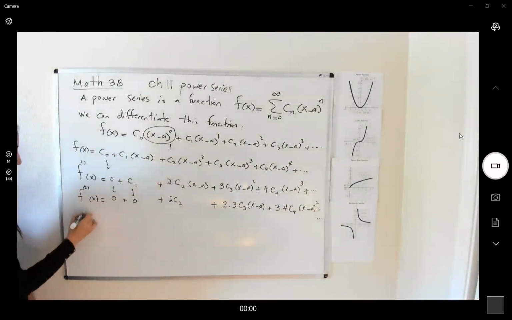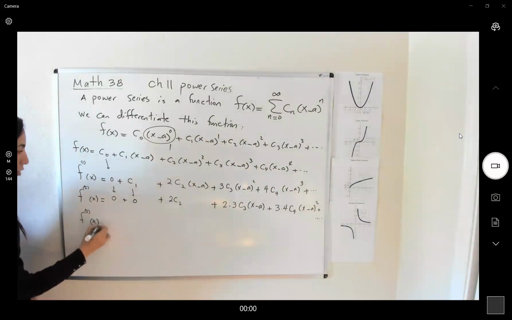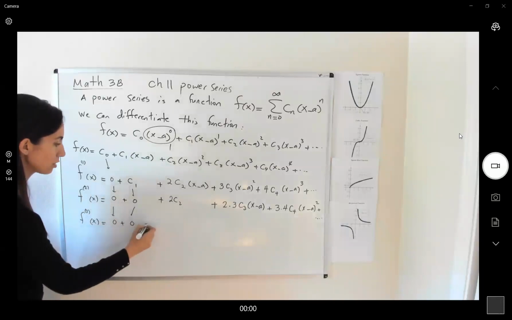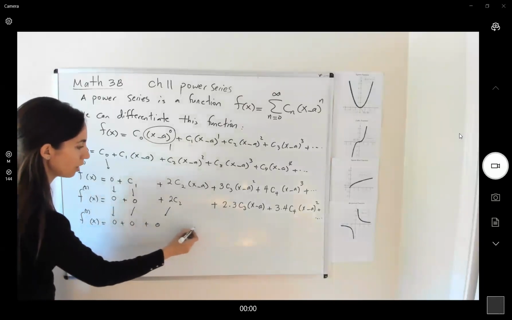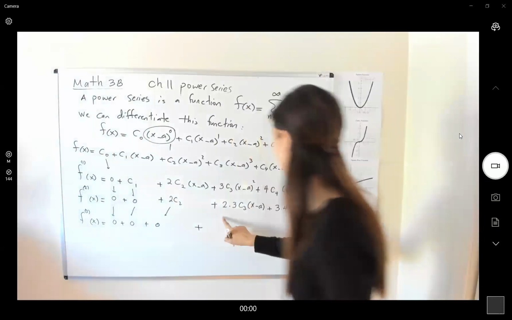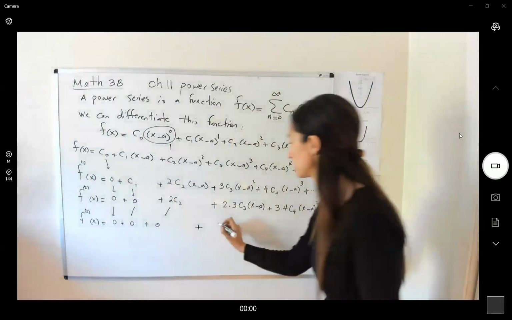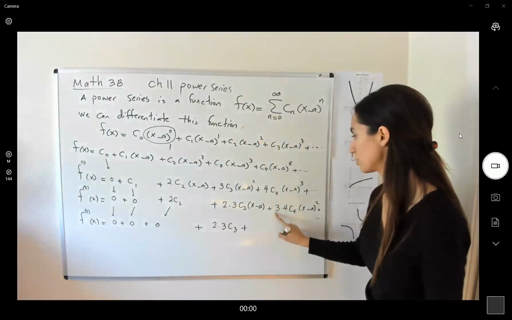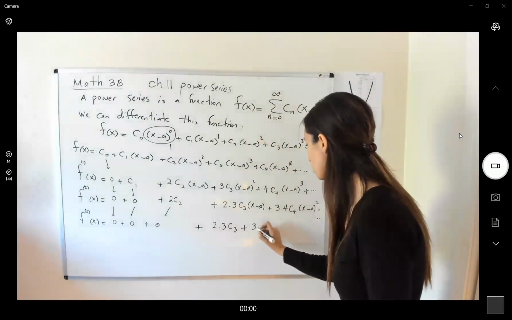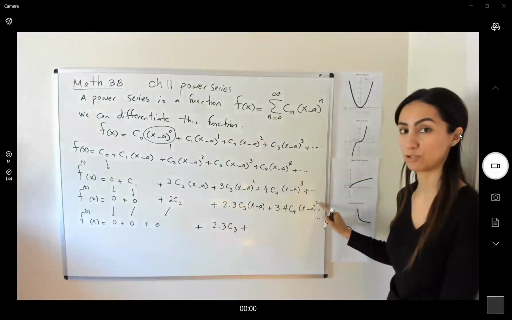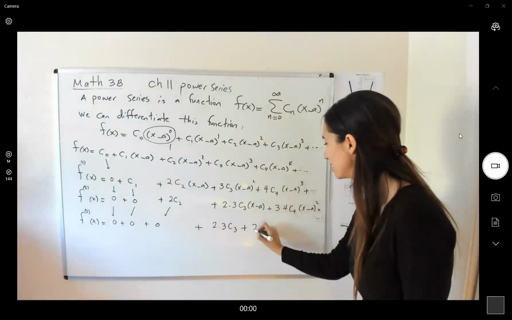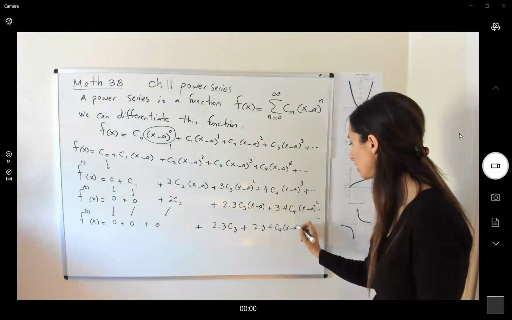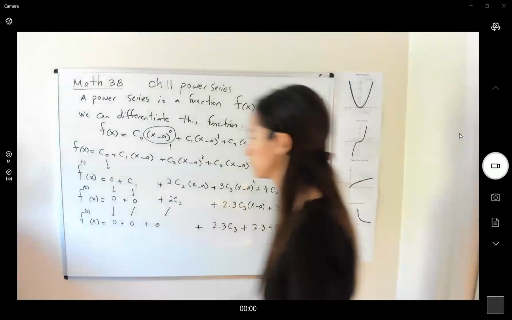The third derivative of the function is equal to, okay, the derivative of 0 is 0, the derivative of the constant is 0, plus 2 times 3 c sub 3, plus 3 times 4 times 2 c4 (x minus a), because we have exponent 2, we have to drop the original exponent, so 2 times 3 times 4 c4 (x minus a) to the first power, and so on.